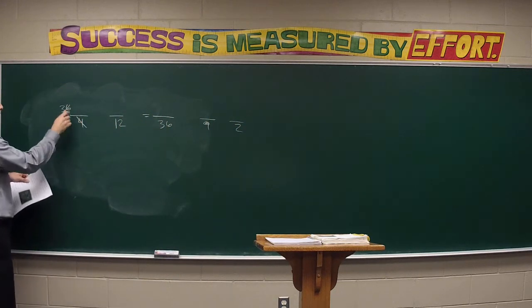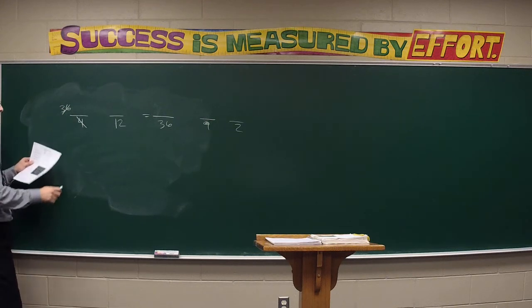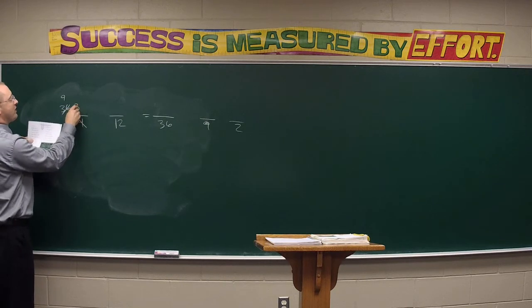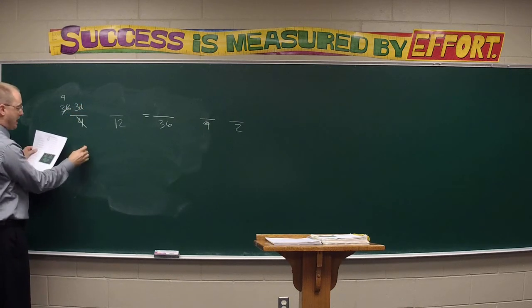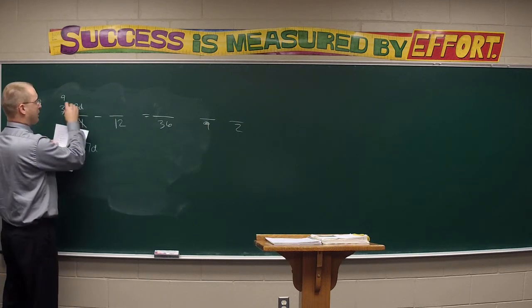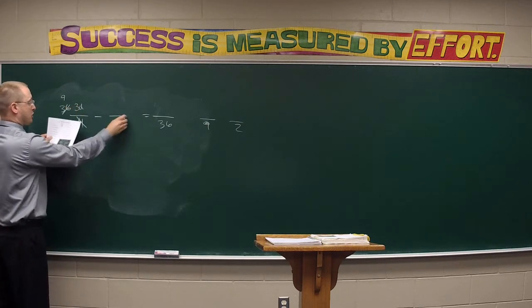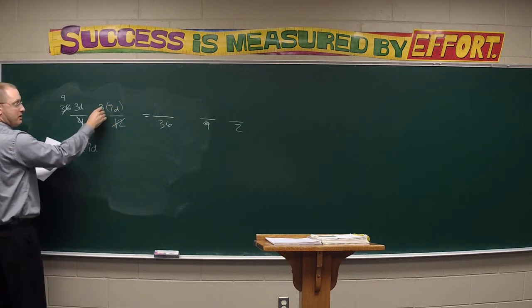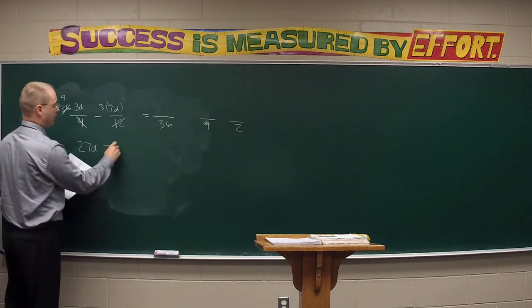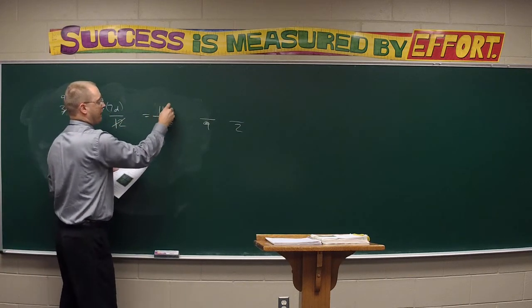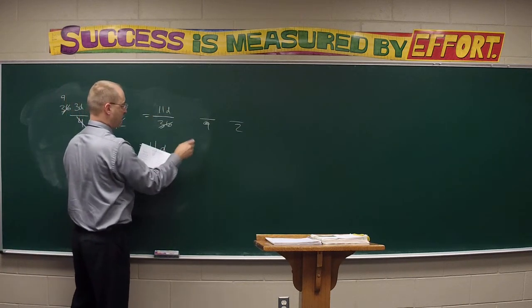So here the 4 and 36 are going to cancel to give me a 9. And then I'm going to multiply the 9 times the 3D that was already here to end up with 27D. Michael, I'm going to cancel the 36 with a 12 to get a 3 times the negative 7D that was already there. Negative 21D. Obviously, the 36s cancel, so I'm just left with the 11D after the equal sign.